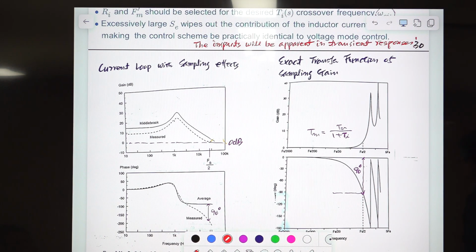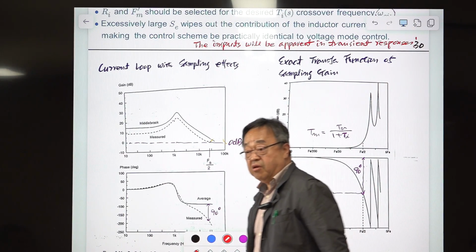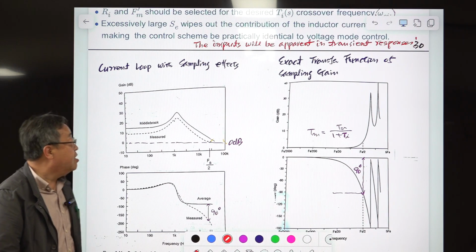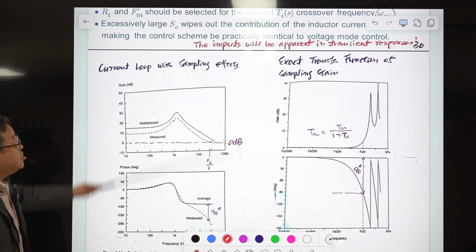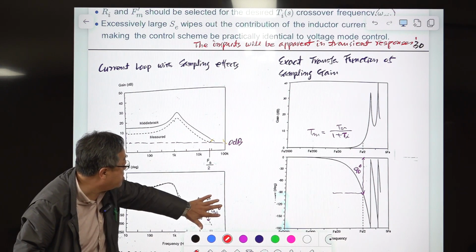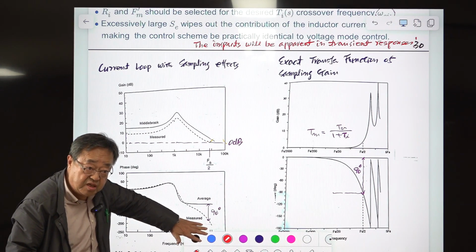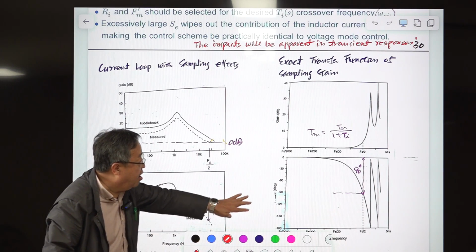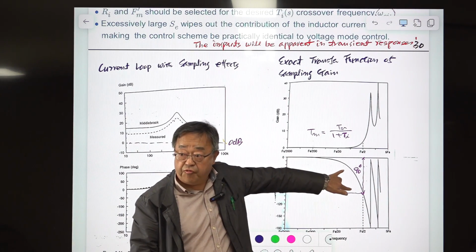Okay, simply half the switching frequency. There is 90 degrees of additional phase delay coming in. This is the effect of the sampling. If you ignore this, then you don't see this, right? This is very familiar to you. Where did you see this?